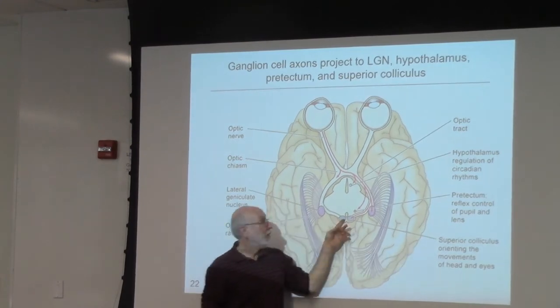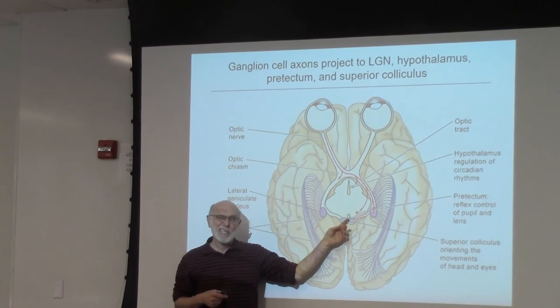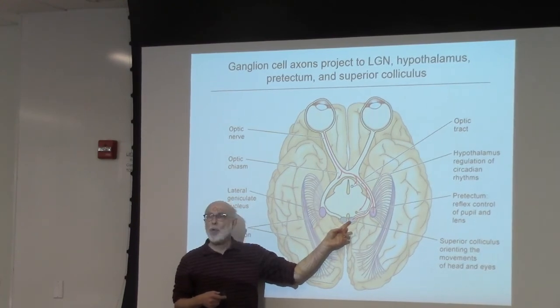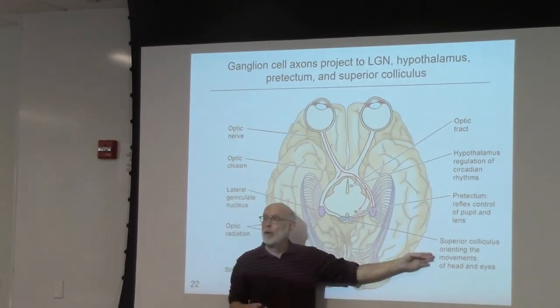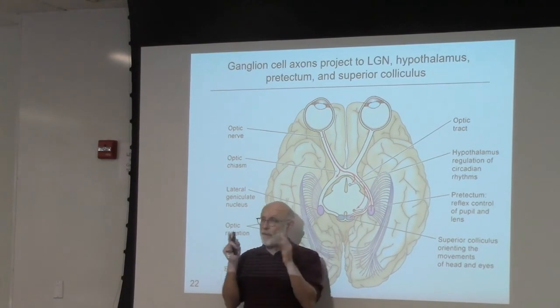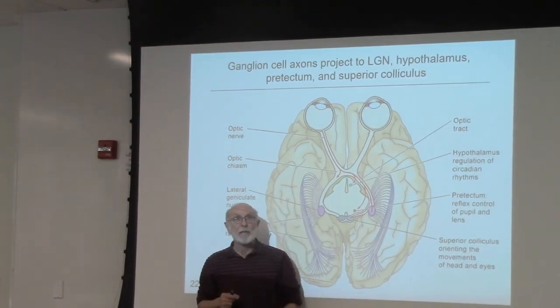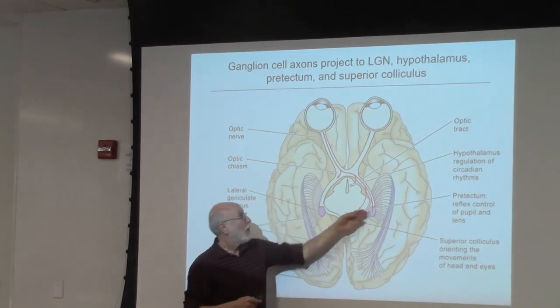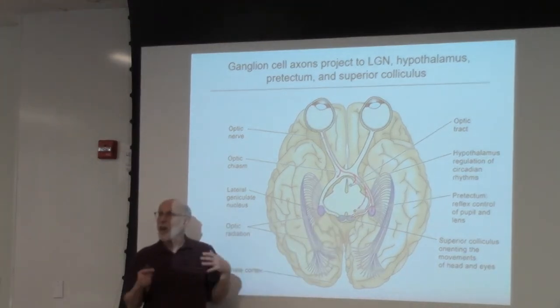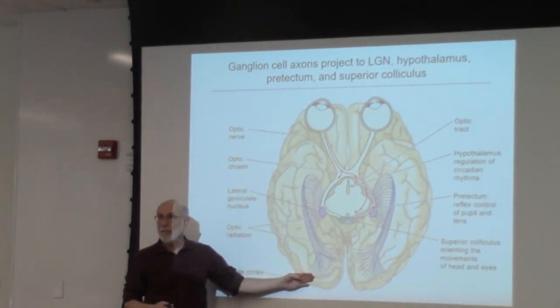The superior colliculus, which we saw on the sheep brain, and we will maybe see on the human brain, is important for orienting the eyeballs, controlling the rectus muscles and the oblique muscles to orient the eyeball so that the fovea of both eyes is focused on the same object. So there are other parts of the brain that are essential for vision besides the visual cortex.